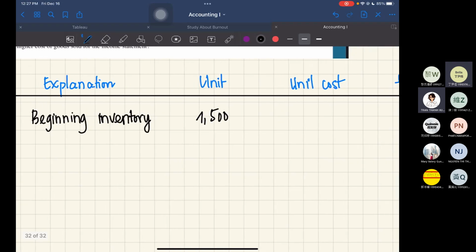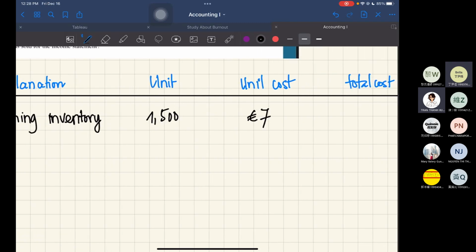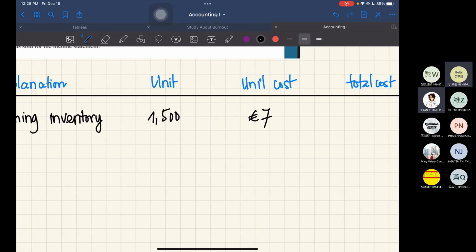And the unit cost is €7. So 1,500 times 7. This should be 10,500.